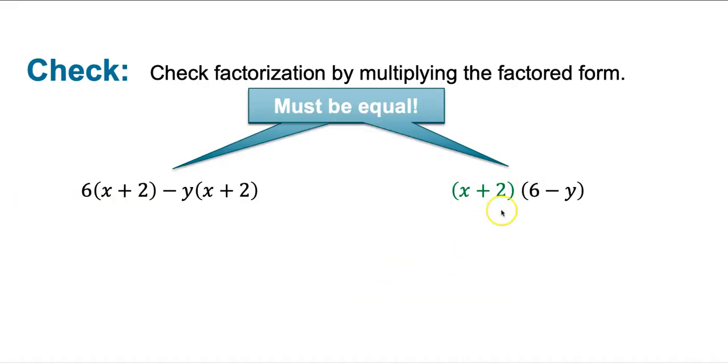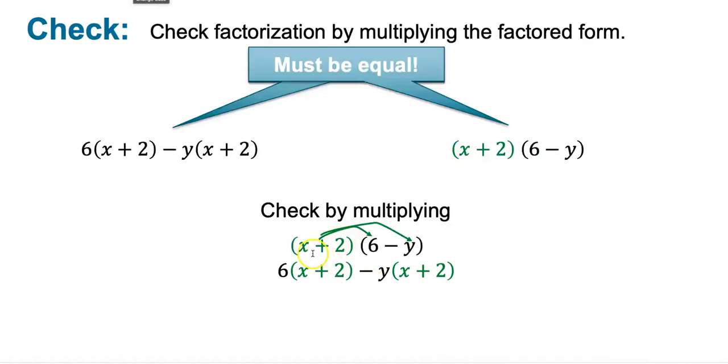Now remember, these two different forms must be equal to each other. Let's check our factorization by multiplying or distributing the factored form, and it should equal the unfactored form. We multiply by using the distributive property, distributing the x plus 2 to each term, which gives us this, which is exactly equal to the unfactored form, which verifies that our factorization was correct.